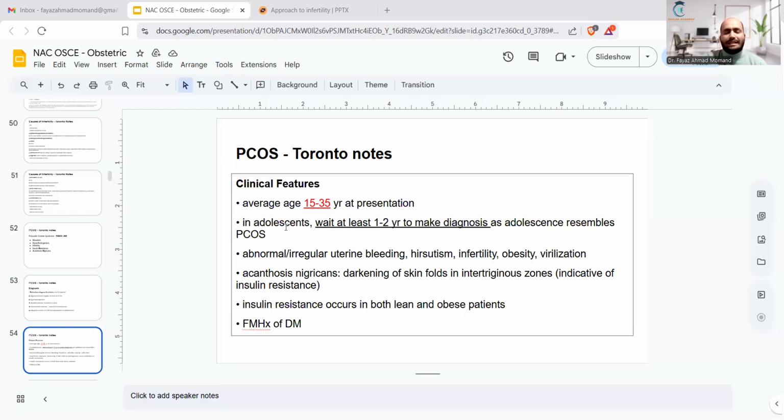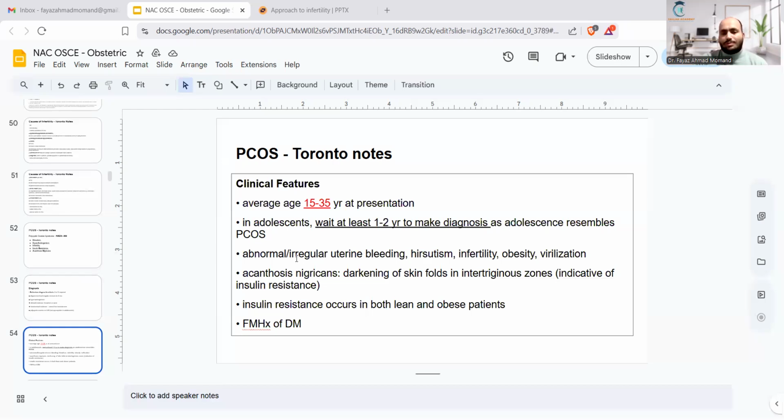So we wait for 1 to 2 years in adolescents before we call it PCOS. Sometimes adolescents can resemble PCOS. They may develop acne or hirsutism. They may have menstrual irregularity. That's why we wait for up to 2 years to make sure it's not just part of their growing up.